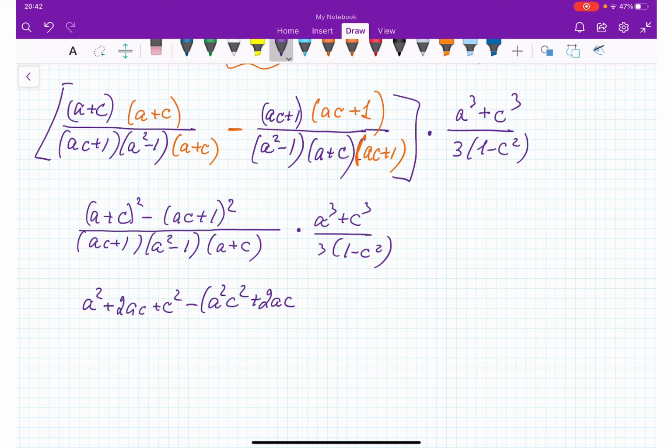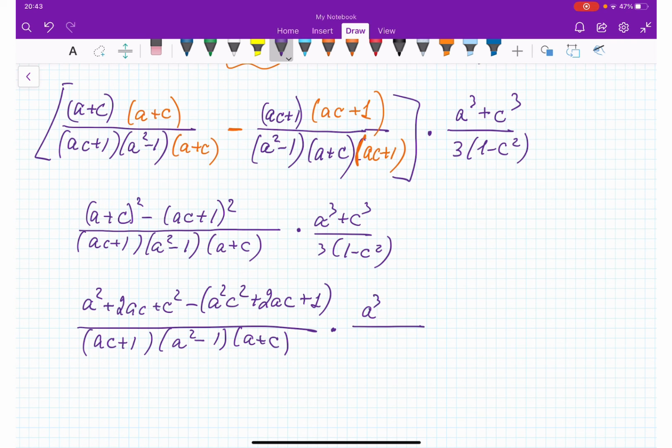I'm opening like a plus b squared, and plus 1. This is going to be ac plus 1, a squared minus 1, and a plus c. Okay, here it's going to be a cubed plus c cubed and 3 times 1 minus c squared.